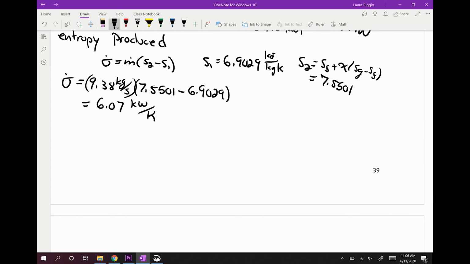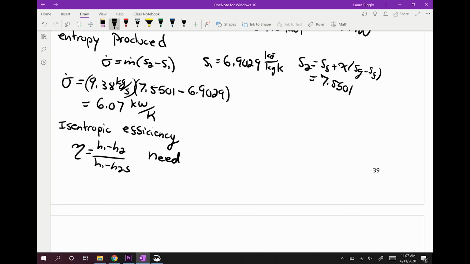The last thing it wants is the isentropic efficiency, which is h1 minus h2 over h1 minus h2s.